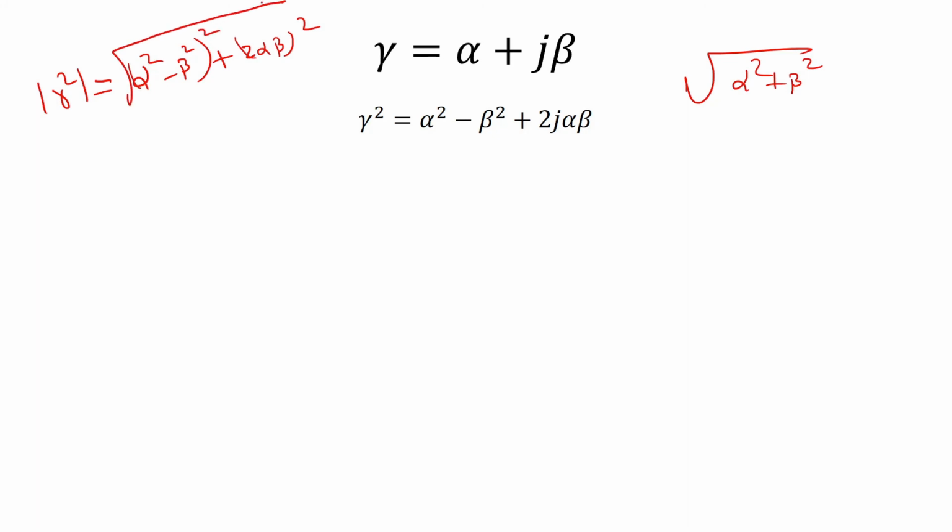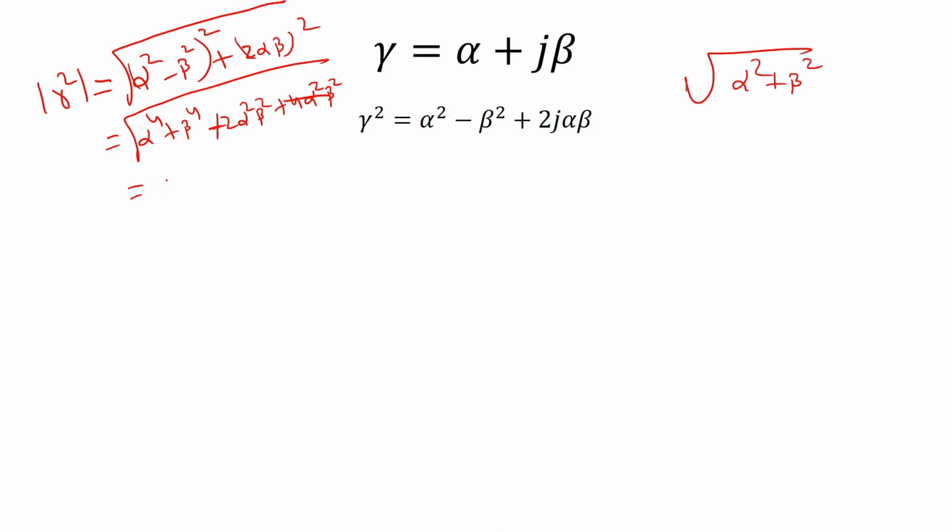This gives me root of alpha to the power of 4 plus beta to the power of 4 minus 2 alpha square beta square plus 4 alpha square beta square. I can combine them, because this is plus 4 alpha square beta square and this is minus 2 alpha square beta square, so the result is plus 2 alpha square beta square.